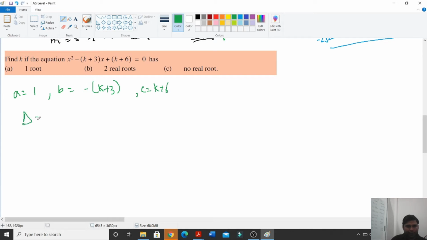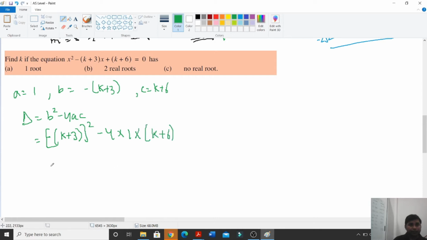Now discriminant delta is b square minus 4ac. b is minus of (k plus 3), so b square minus 4 into 1 into c, which is k plus 6. Okay, so here we will get (k plus 3) square minus 4(k plus 6). That's the discriminant, right?